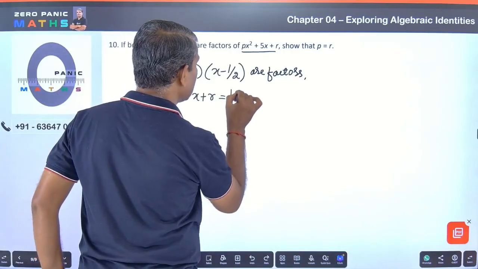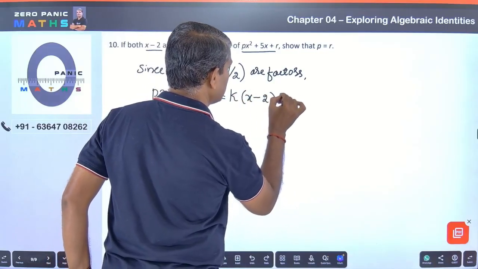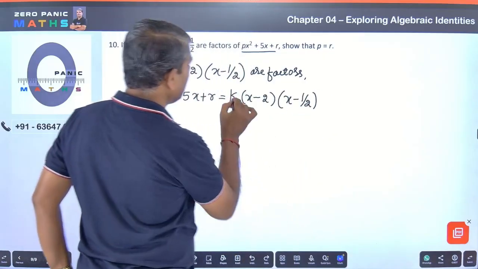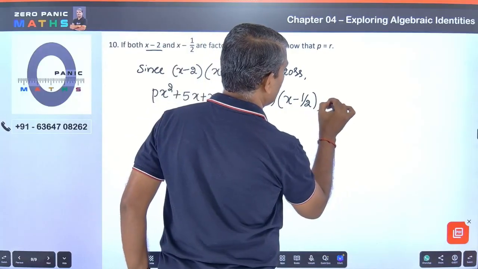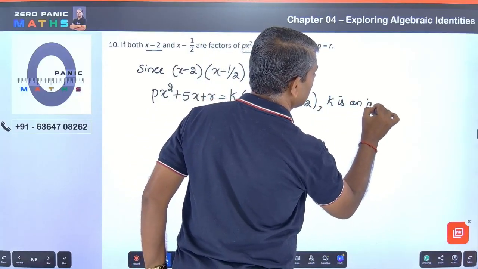For a constant k, these factors will make the given expression, x minus 2 and x minus 1 by 2, for k an integer. Okay, k is an integer.